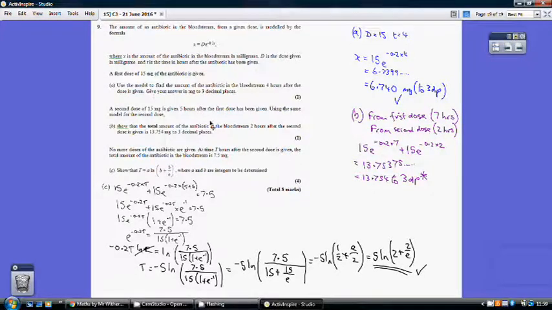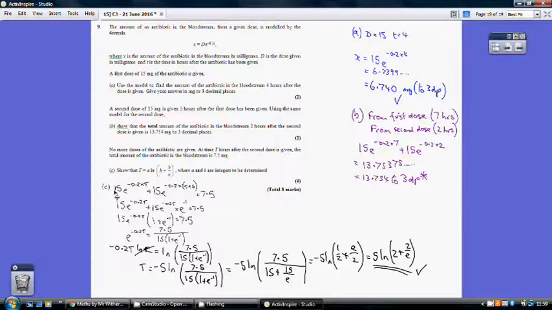Now for part C, we're looking at this from the point of view of t hours after the second dose is given, and we need to find the time for the amount of antibiotic in the bloodstream to equal 7.5. So from the point of view of the second dose, it's t hours after the second dose, and from the point of view of the first dose, it's going to be t plus 5 hours.